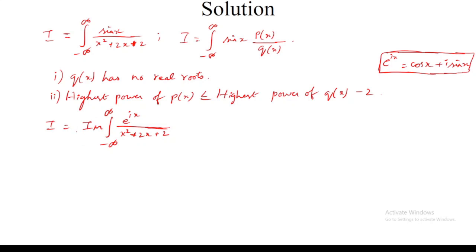So the question we have now is simplified to the imaginary part of the integral from minus infinity to infinity of e power ix divided by x square plus 2x plus 2. Now I am going to write x in terms of z.